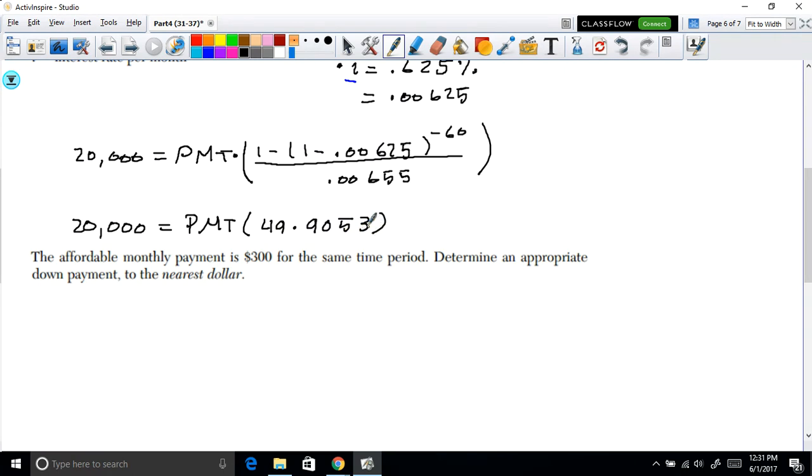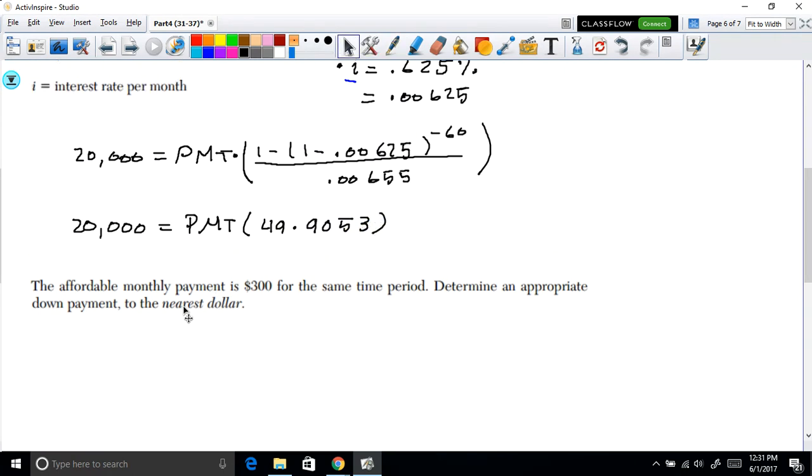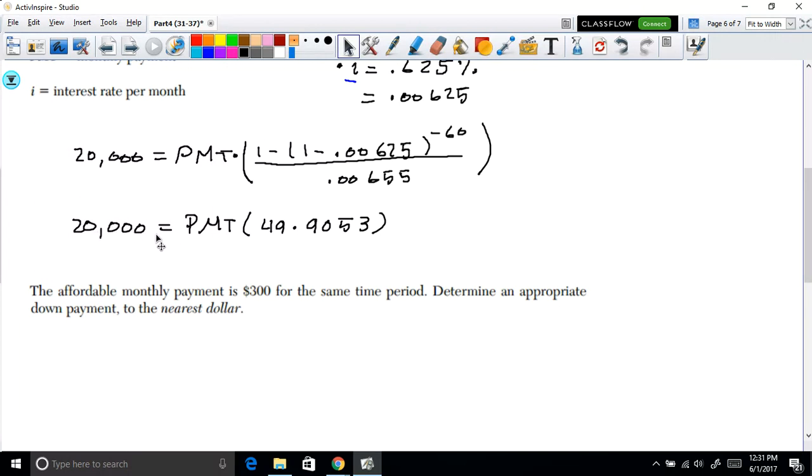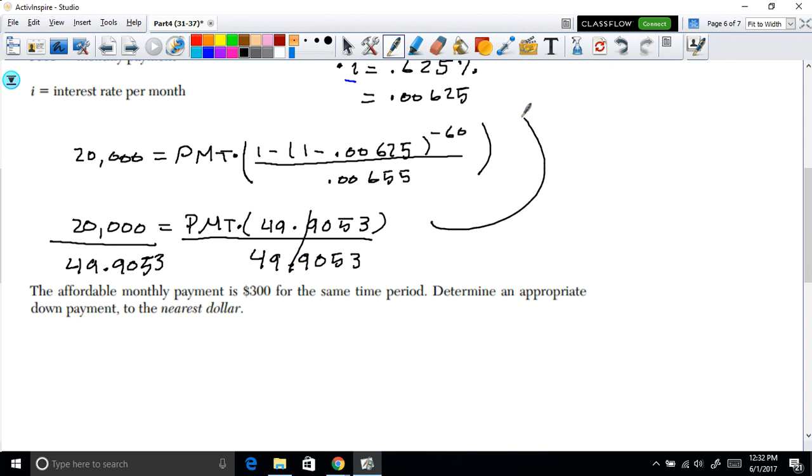49.9053. So now we have the following: 20,000 equals PMT times 49.9053. If you want to solve for PMT, divide on both sides. This cancels out.